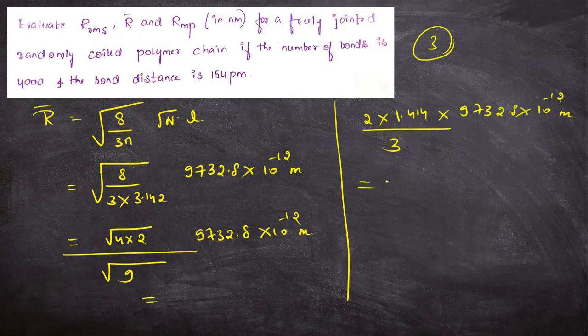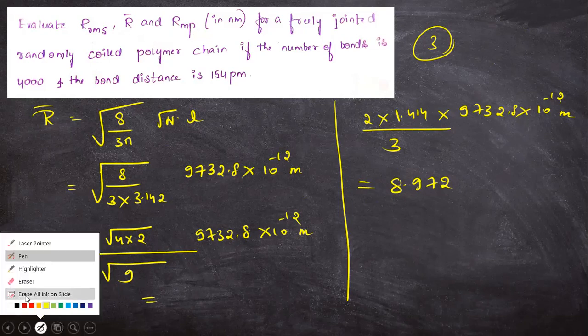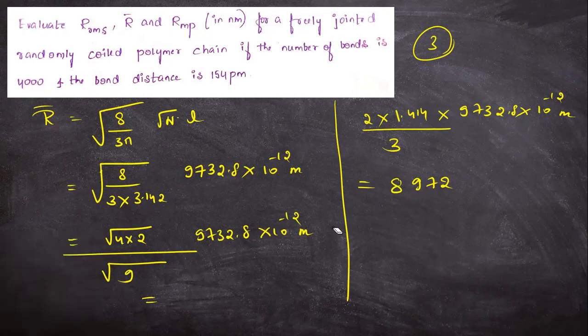If you solve this, the answer will be 8972.8 picometer. If it is in nanometer, then it will be 8.9 nanometer. So this is the average distance.